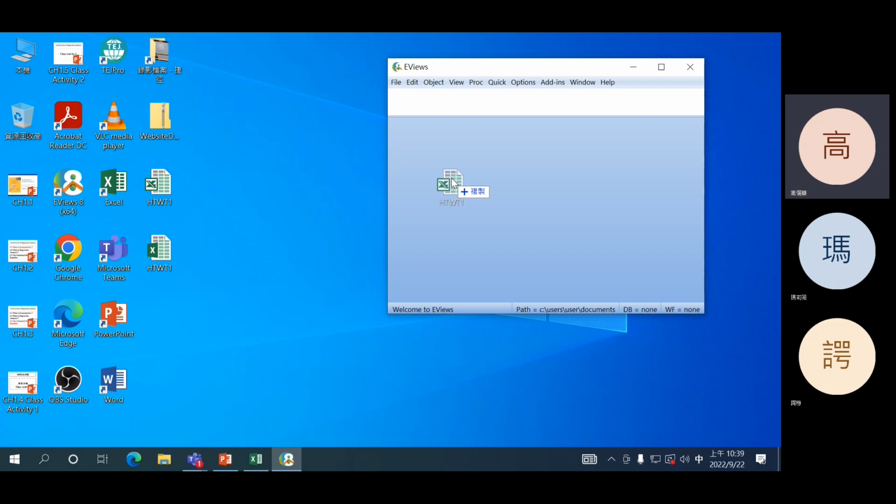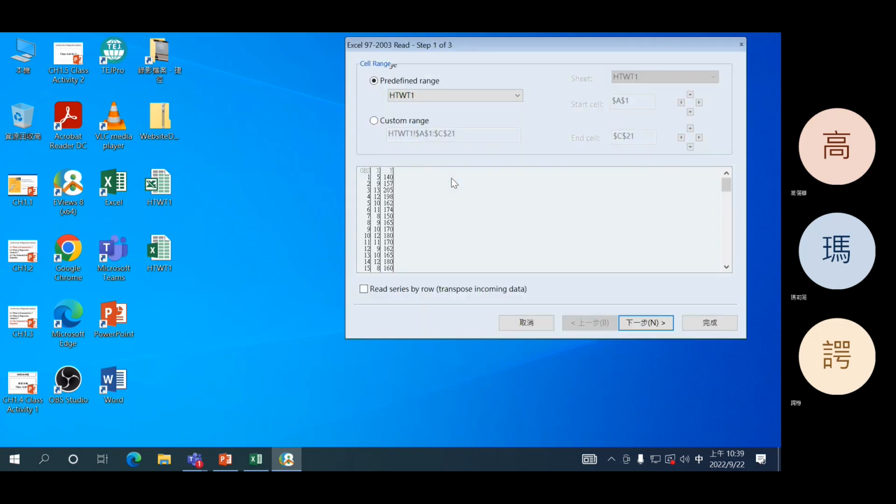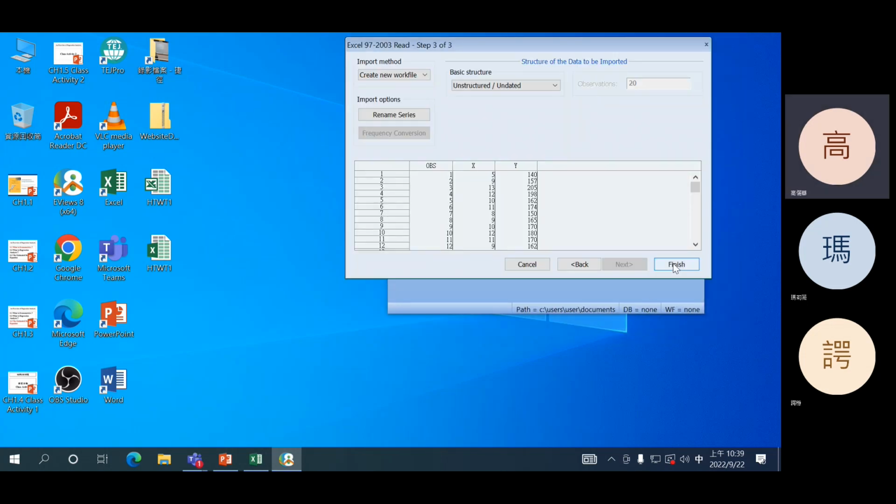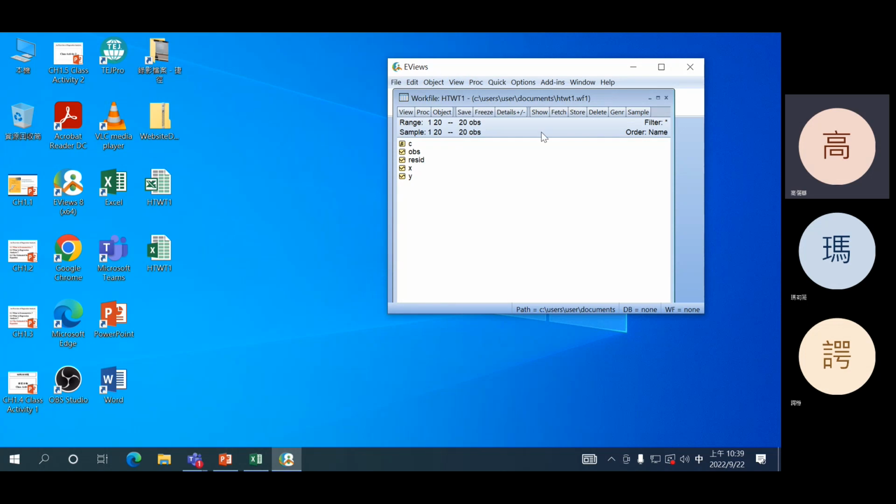Then next step, then finish. Then you have this. Just draw it in. I'm just using the old version. Then you have this one, and this is the eViews form.